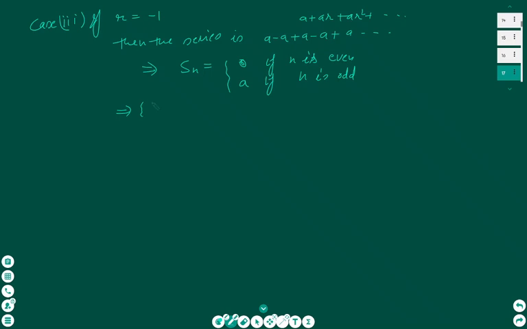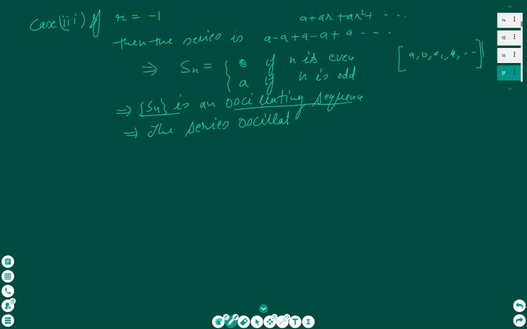This implies the sequence Sn is an oscillating sequence, and that implies the series is oscillating, since the behavior of the sequence of partial sums is the behavior of the series. Then this implies the series oscillates finitely.